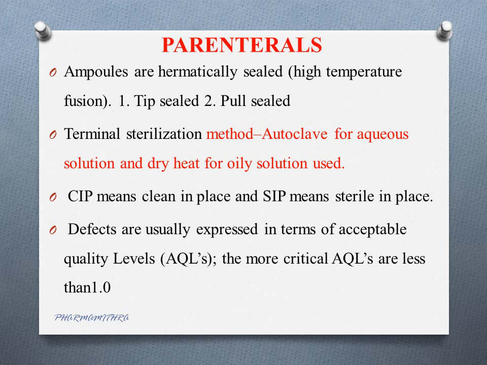Hydrogen peroxide acts as a strong oxidizing agent by liberating nascent oxygen. The second important topical antimicrobial agent is chlorinated lime or bleaching powder, with formula CaOCl2, calcium hypochlorite. It also acts as an antimicrobial, disinfecting and bleaching agent.